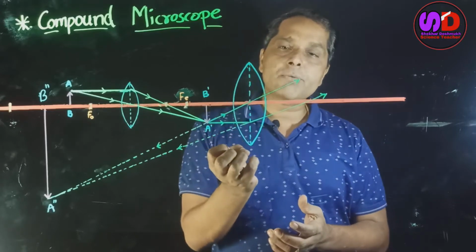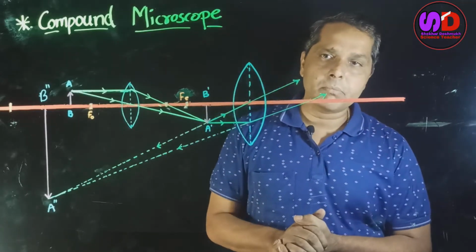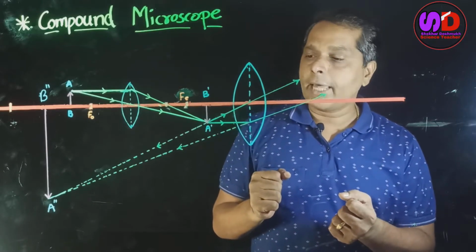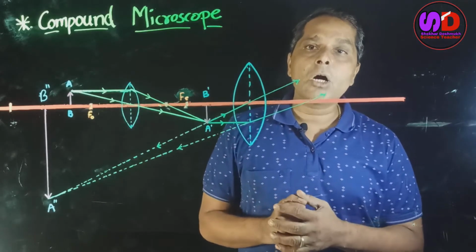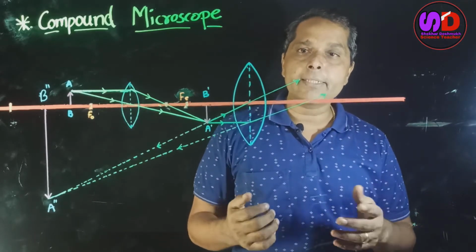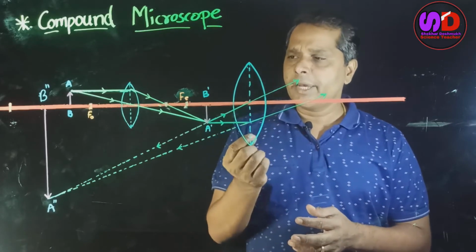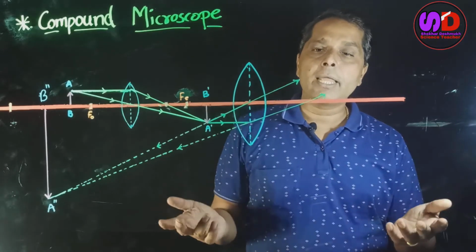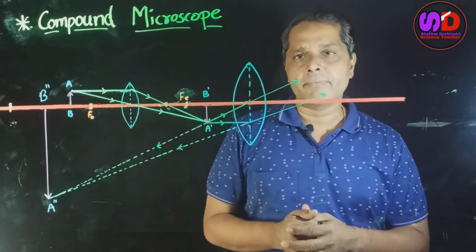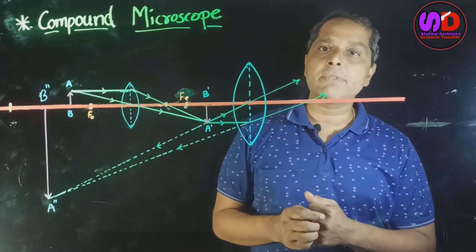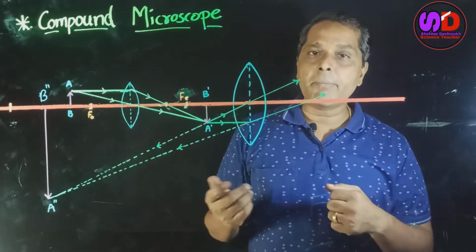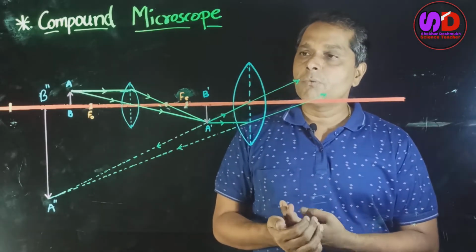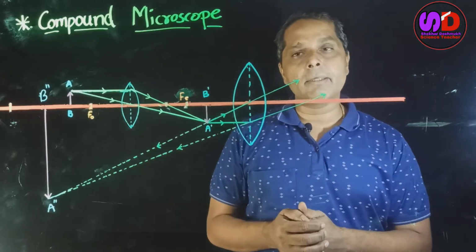Smaller objects we can see with the help of a simple microscope, but minute objects like a blood cell, animal cell, plant cell or any minute living being, like amoeba or any type of bacteria, we cannot see with the help of a simple lens, because we cannot get that much magnification by a single lens.